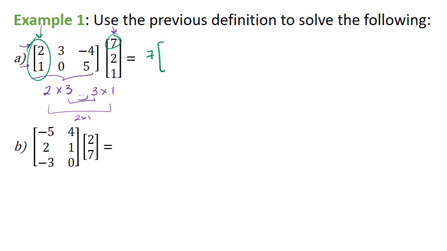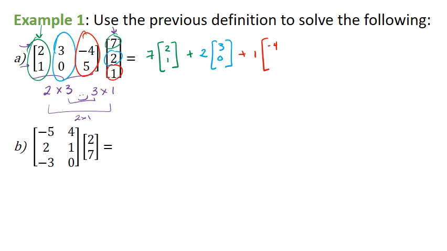So I'll have 7 times the matrix 2, 1. I'm going to add that times this times the second entry, or 2 times the matrix 3, 0, plus this times the third entry, 1 times the matrix -4, 5.